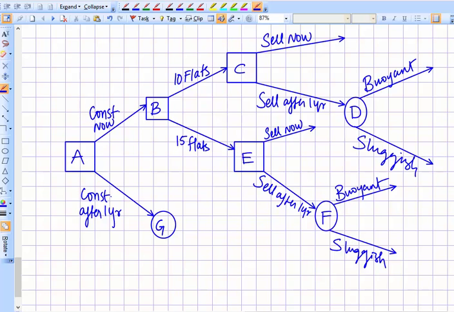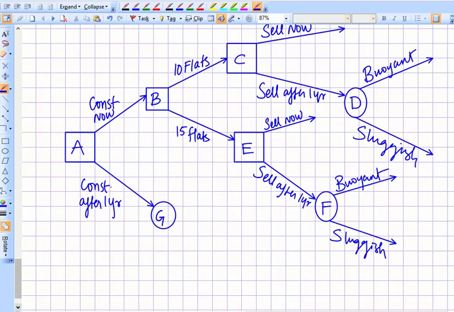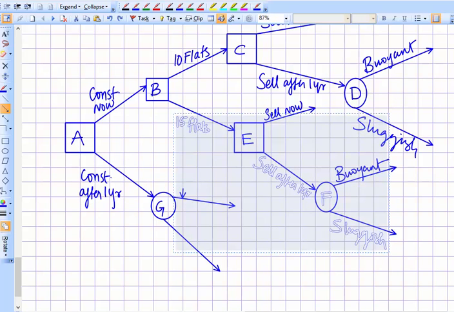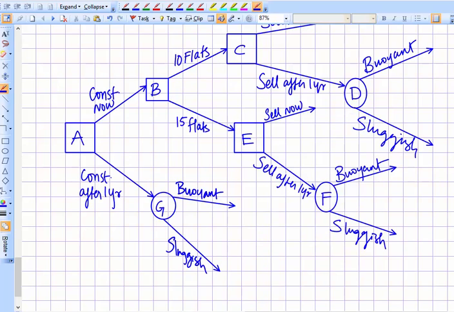So let me just bring them. Yeah. So there are two market conditions. One is buoyant, the other one is sluggish. So let me write them. It can be buoyant, or it can be sluggish.